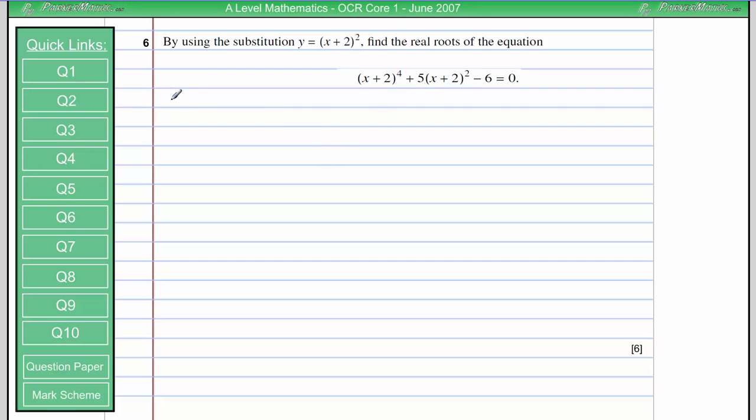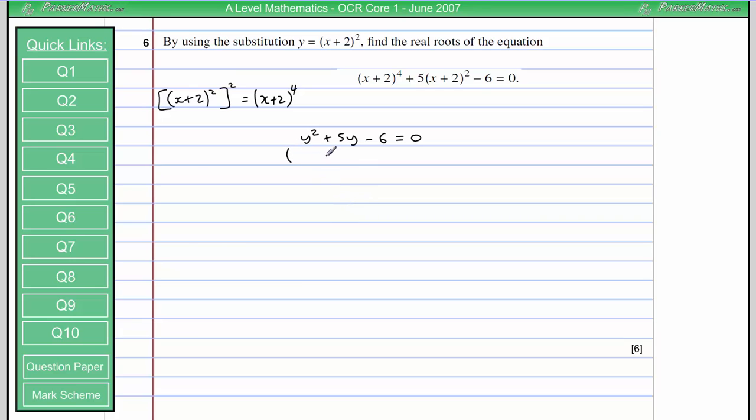If you think about (x plus 2) squared and then we squared it again, we can use our power laws here. 2 times 2 is 4, so that becomes (x plus 2) to the power 4. Okay, so this bracket here is going to become y squared, because it's this here squared. Then we've got 5 lots of (x plus 2) squared. Well, (x plus 2) squared is just y, so that becomes 5y minus 6 equals 0.